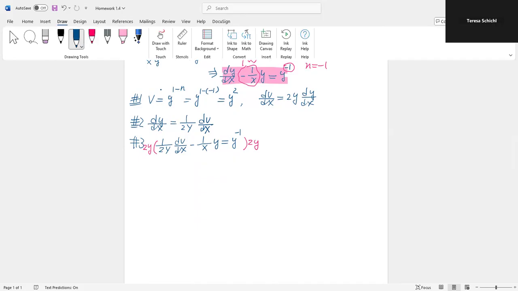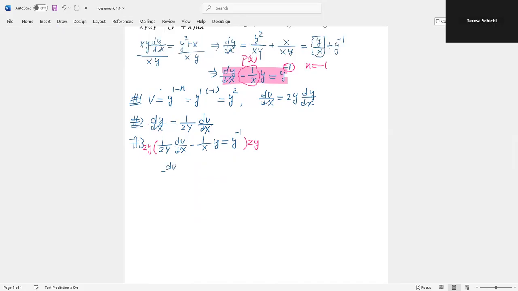So 2y over 2y gives dv/dx, then minus 2 over x, and y times y is y squared. Then it's equal to my right-hand side: y times y to the negative 1 becomes 1, so it just becomes 2 here.